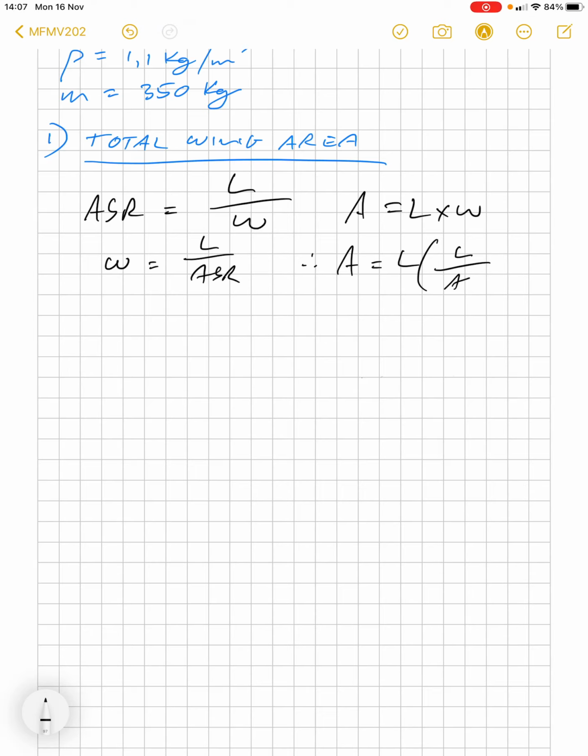So it's length times length over aspect ratio. So our area will be equal to 8 squared over 12, and that's times 2 because of 2 wings. Which provides us with an answer of 10,667 square meters.